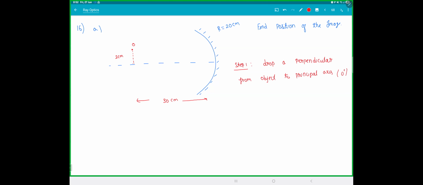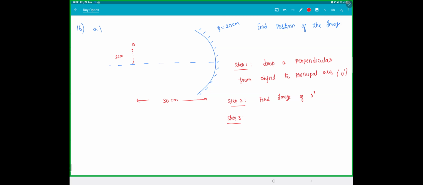Now O dash is on the principal axis, which means I can use the formula for O dash. Step 2, treat O dash as an object and find the image of O dash, because the formulas are valid for O dash.